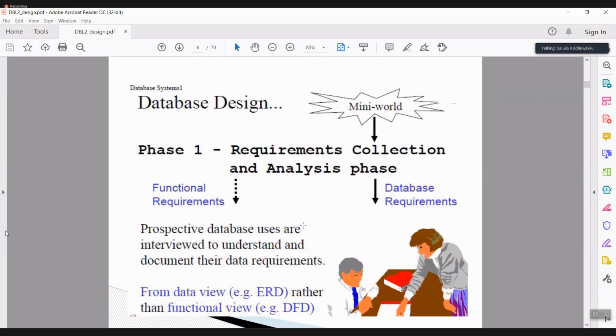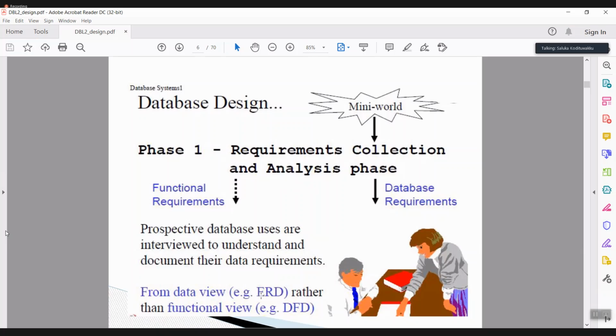If you look at it from the database perspective, what we need to identify is, for example, the data view: what kind of data we are going to use in our database. In the functional view, what kind of functions performed over such data is considered.